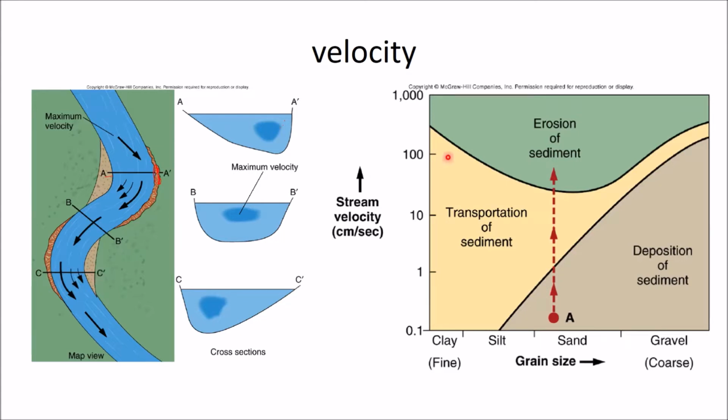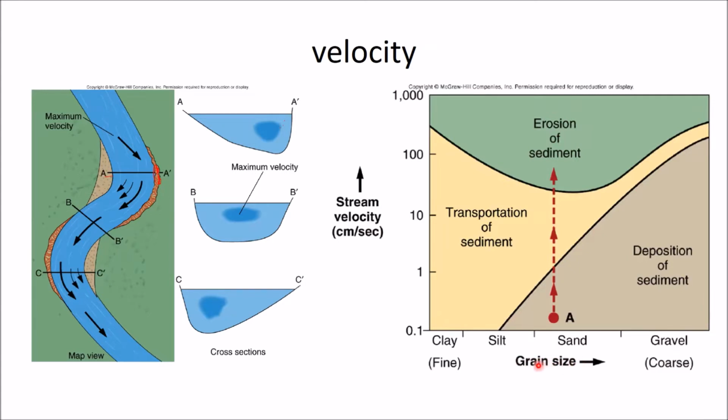And it is better to look at this diagram on the right side here. So we can see which work or which process or which activities of flow can occur according to the velocity and the grain size. This is the grain size of sediment.